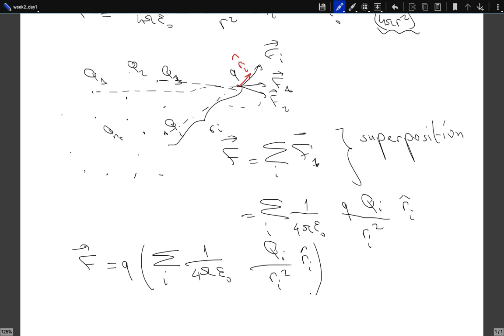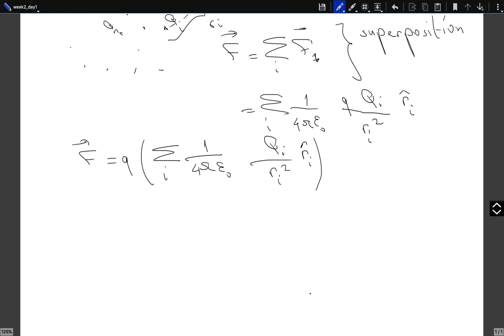So this thing in parentheses is determined completely by all these charges over here. If I know their position, if I pick this point, I can calculate whatever this is. So if I can calculate this quantity, then if I put some charge over here, I know what the force it will feel, because it will be just the charge multiplied by this quantity. And that quantity is what we call the electric field.